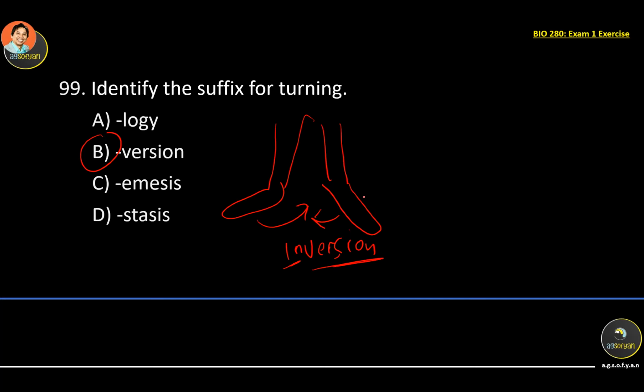If you turn the food outside, it's called eversion, which is turning the food outside. So turning means version.